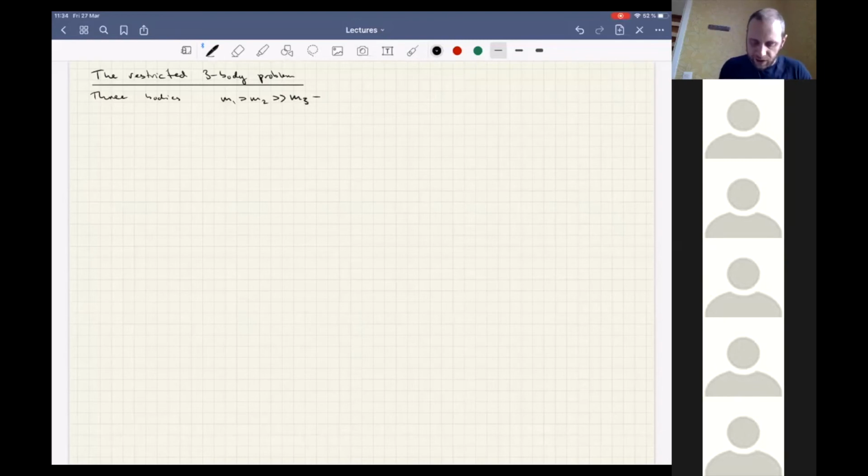For the sake of things, I'm going to use m for m3. And a further assumption is that m1 and m2 are in circular orbit around each other, or around the common center of mass.